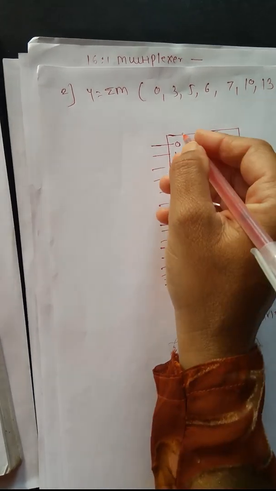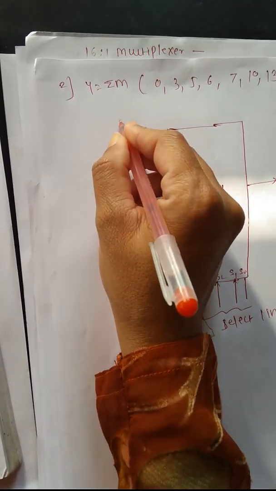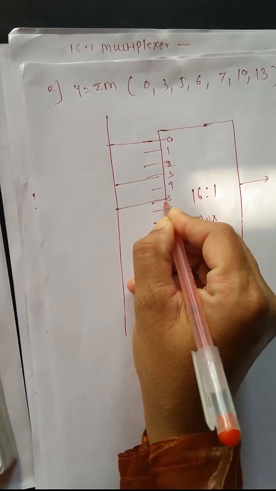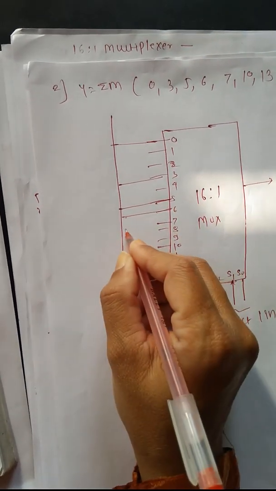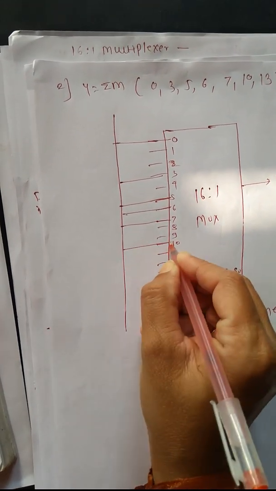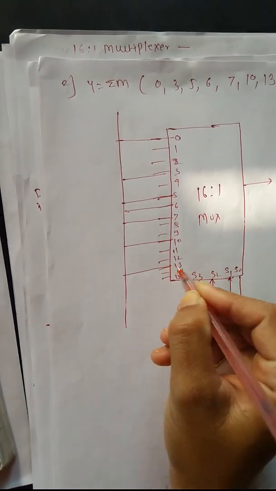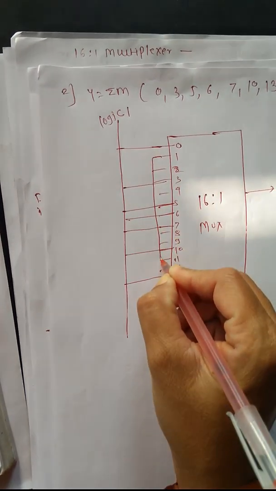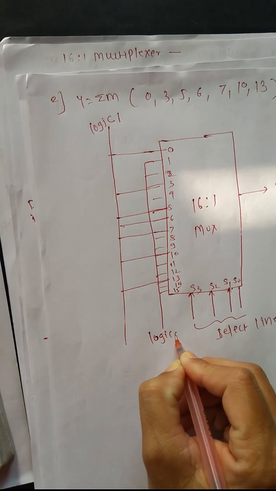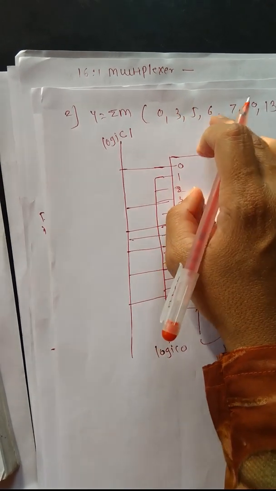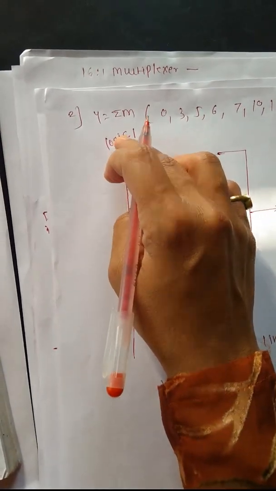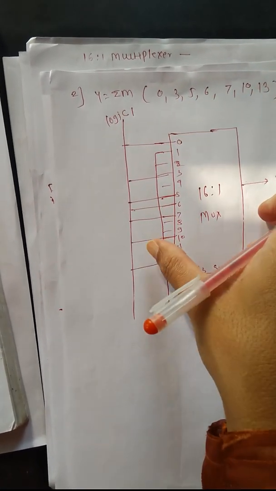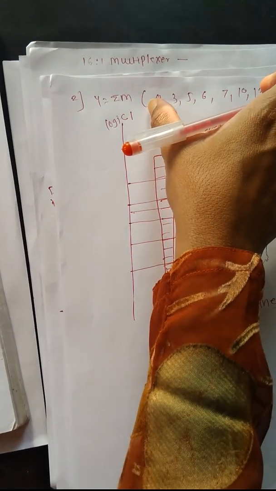Then the values 0, 3, 5, 6, 7, 10 and 13 we connect to logic 1, and the remaining lines we connect to logic 0. This is how we design the 16:1 multiplexer.